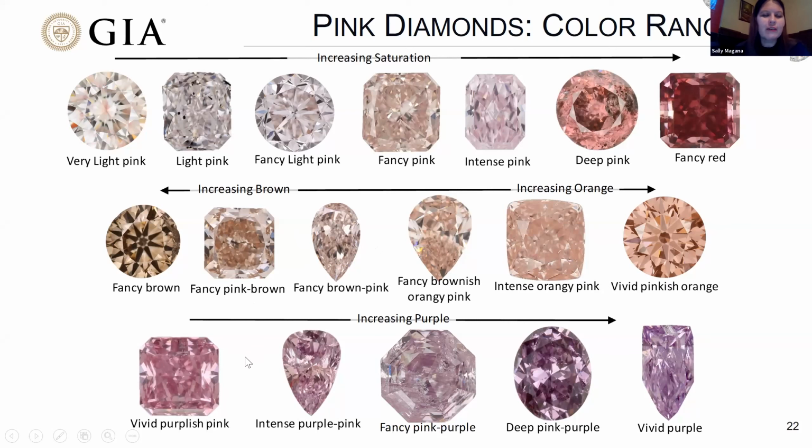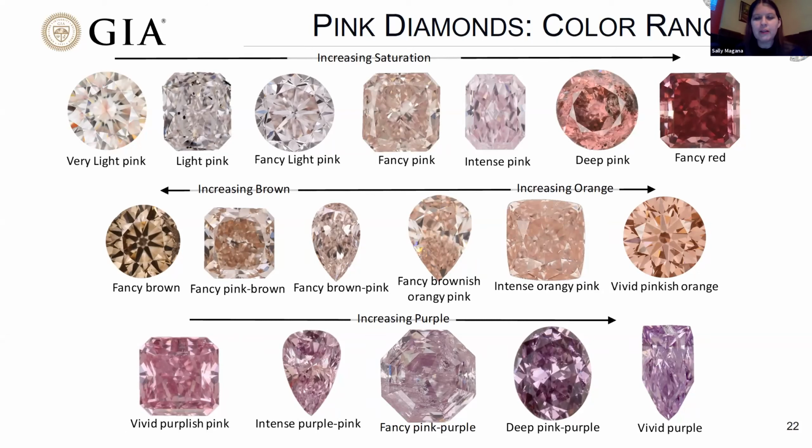And you can also have an increasing amount of purple. And so there's a wide variety of color descriptions that are all under this pink umbrella of pinks and browns and pinkish oranges and purples. All are encompassed under this pink umbrella that I'm talking about now.